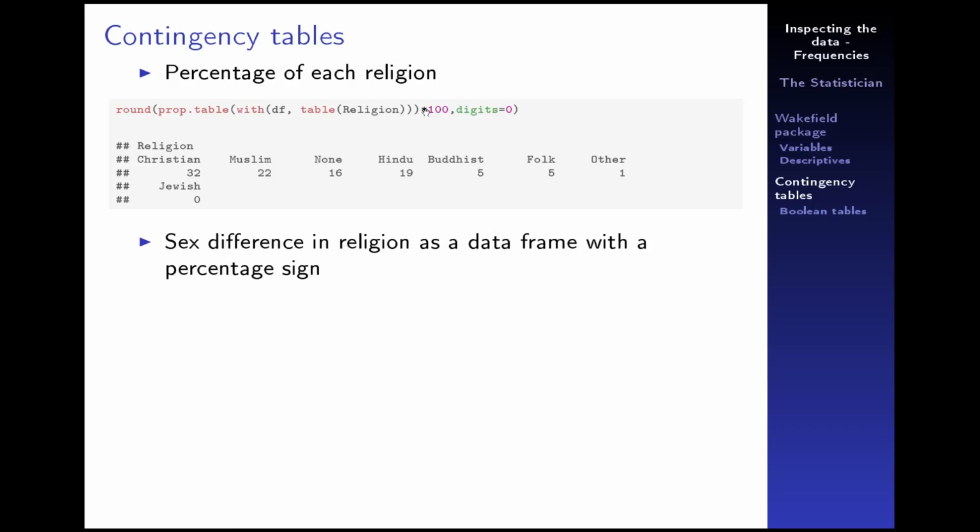You can just multiply the prop table by 100, and then I have rounded, so I have no decimal numbers, so the Christians consist 32% of this data.